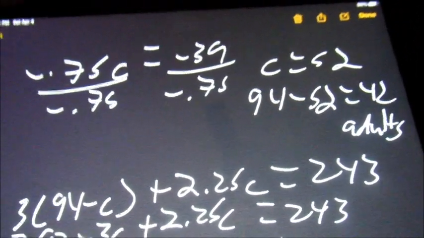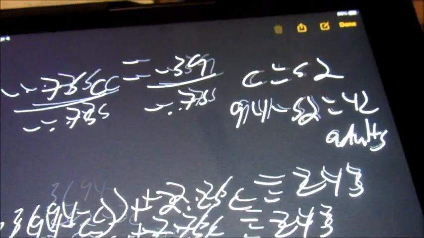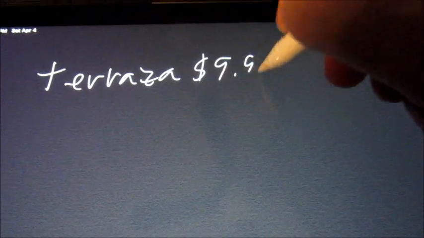So that's how you'll do this one. Then you're going to have some where you're making some kind of a recipe. The first one is doing 2 different types of coffee. Let's say the Terrazza costs $9.90 per pound.